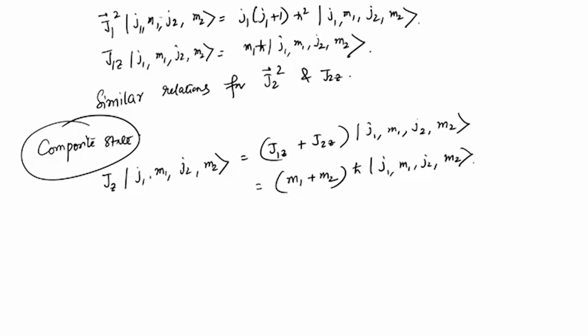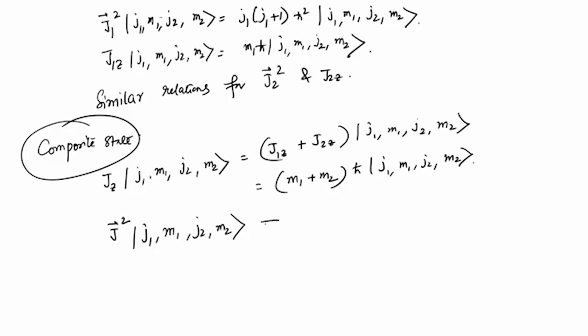Okay. And now you can also write J square acting on these states, J1 M1 and J2 M2.